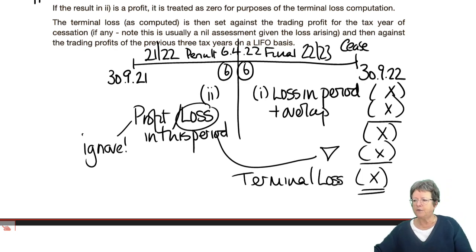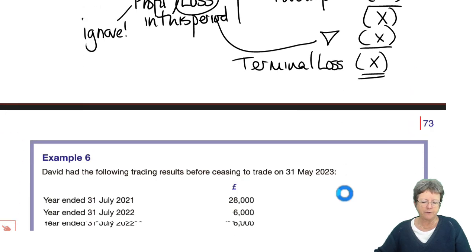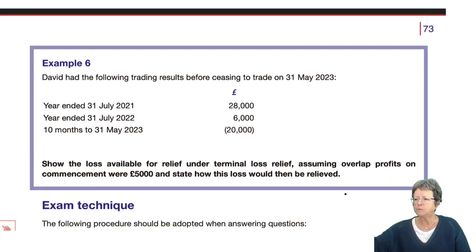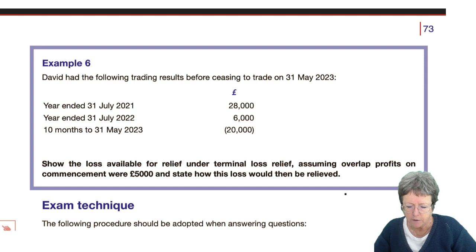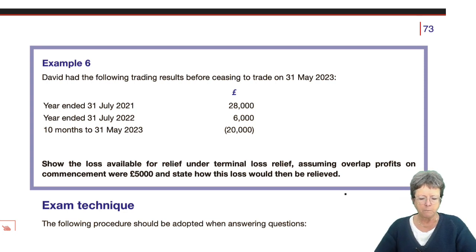So let's do an example. Example number 6. David has the following results before he ceased to trade, on the 31st of May 2023. So the year ended July 21, he made a profit of 28,000.